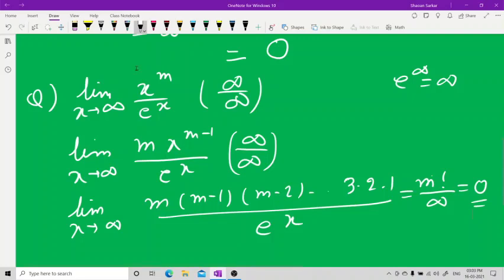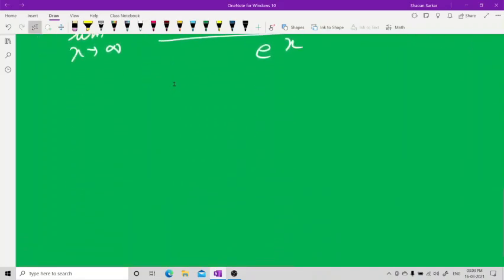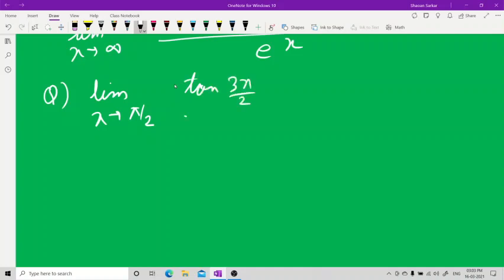Now we will do another question. Limit x tending to pi by 2 of tan 3x upon tan x. When you put pi by 2, this becomes infinity upon infinity.